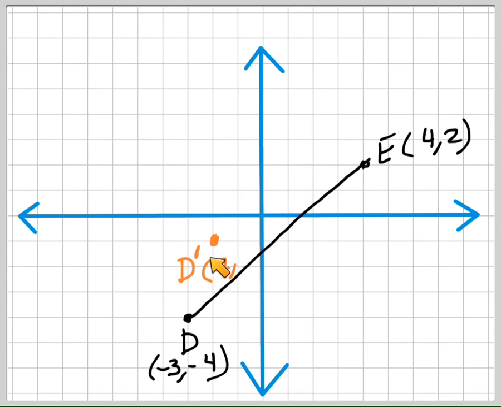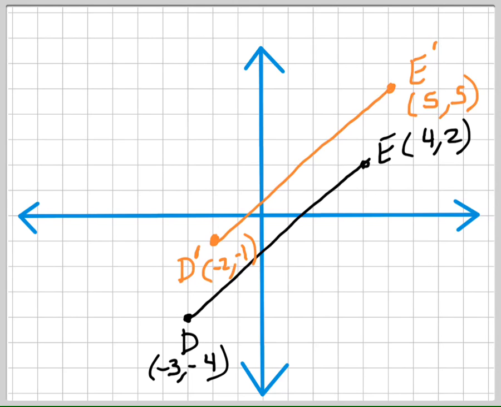Since I went 3 units up, that's at -1. Same thing here. I go 1 unit to the right, 3 units up. This will be E prime. And that's at 5, 5. I connect that, and there's my translation.